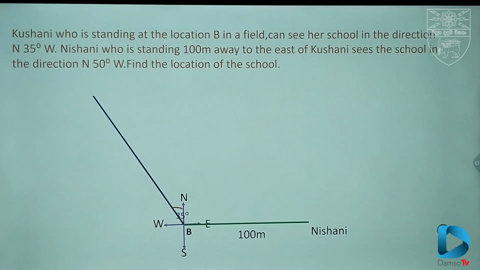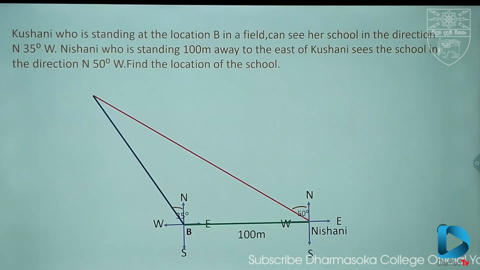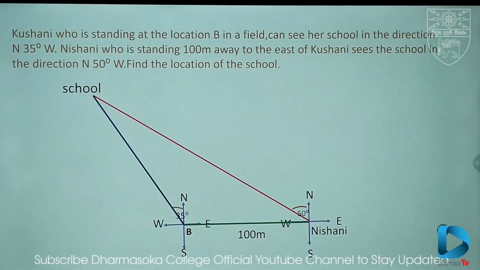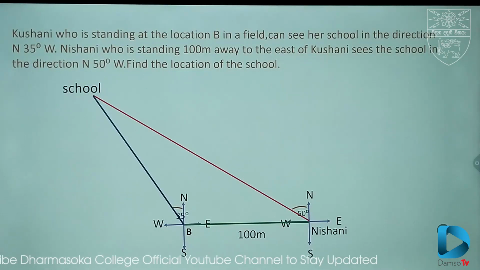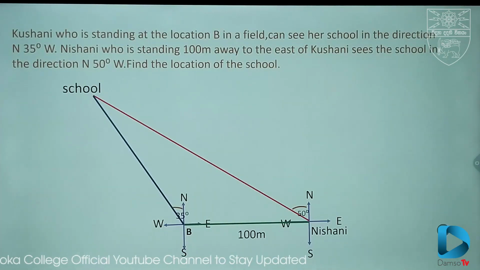Now she sees the school in the direction N 50 degrees W, which is 50 degrees west of north. Now you can see an intersection point. It should be the location of the school. That is the way of solving this problem.